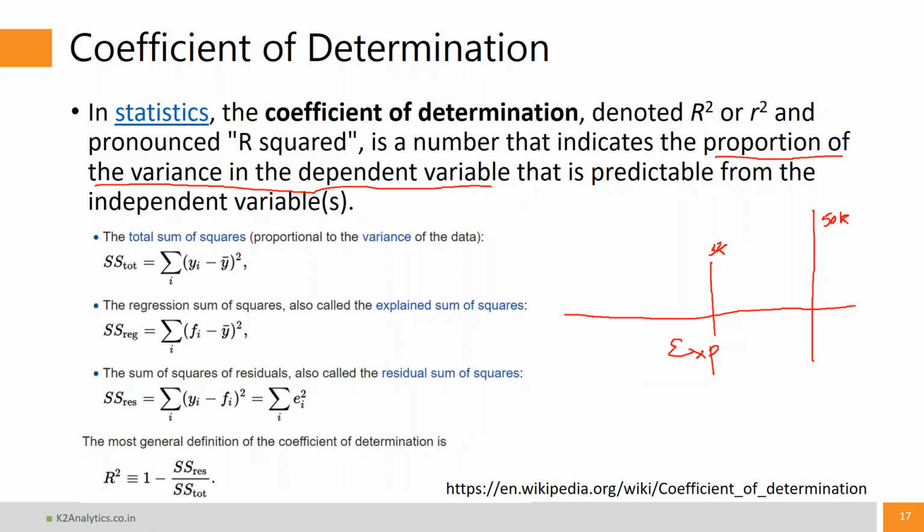Someone who is slightly above the mean is because they are the MBAs, and someone who is below are graduates. Right? So with this information, I'm now able to explain why someone has got higher income and someone has got lower income. And the extent to which I am able to explain is called variance explained.